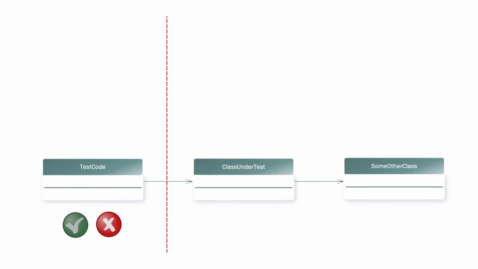But if you get a red light, it's then not immediately obvious whether that's caused by an error in the class under test or in some other class, and therefore you've got to search a bit further to find where the bug is. Now, in simple cases, having to look in two classes rather than one class isn't going to be a huge problem, but obviously once the principle's established, this could be a huge long chain of other items, and we need a mechanism to isolate the class under test from other code.